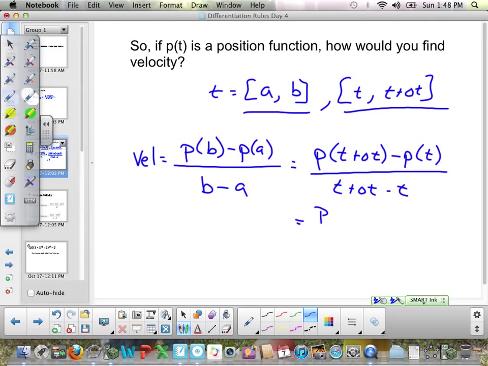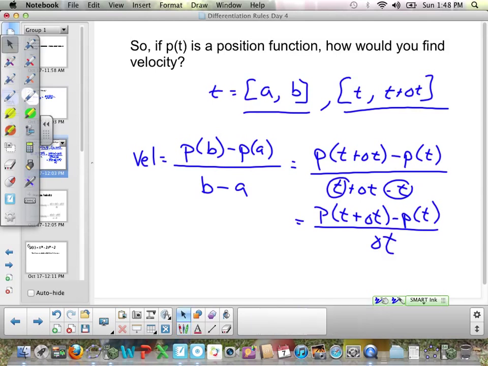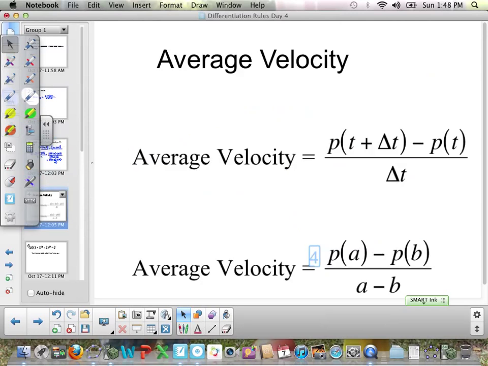Or, just to simplify it, the top will stay the same and the bottom, the time and negative time, will cancel each other out. P of t plus delta t minus P of t all over delta t. Now these two formulas should look pretty familiar to you. They're the average velocity formulas.